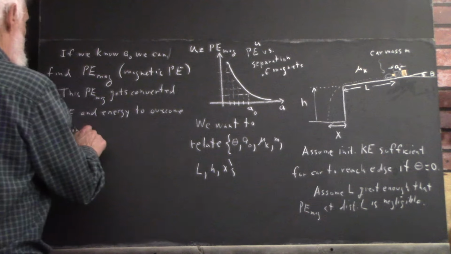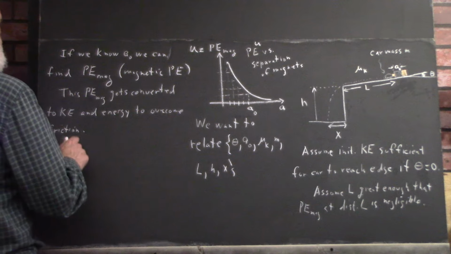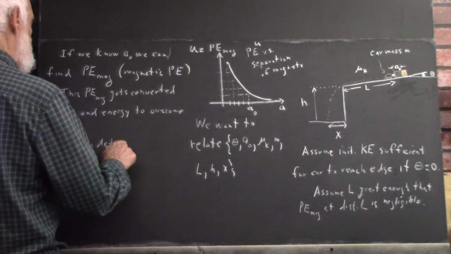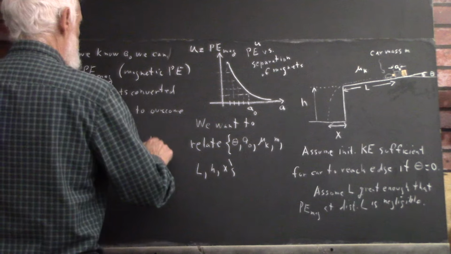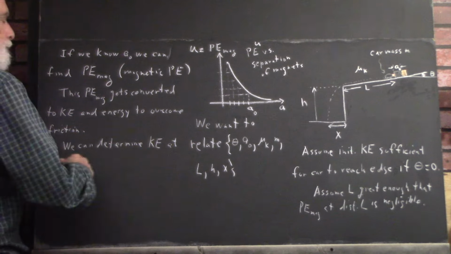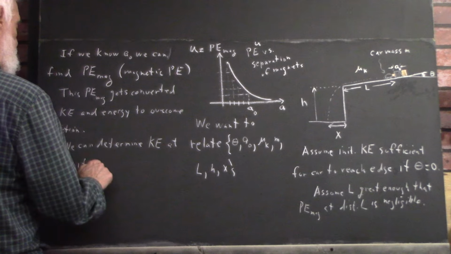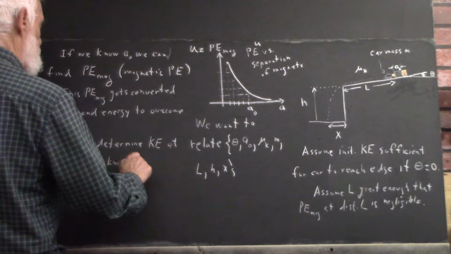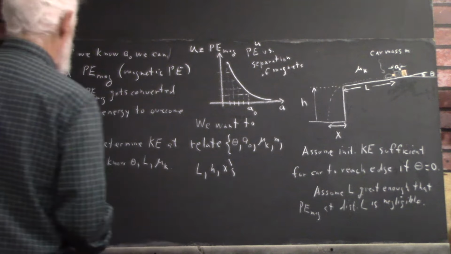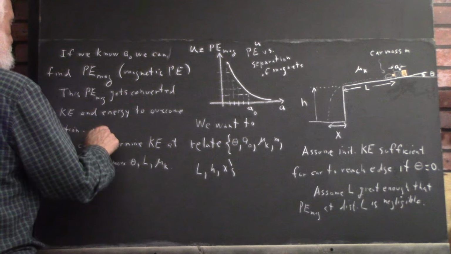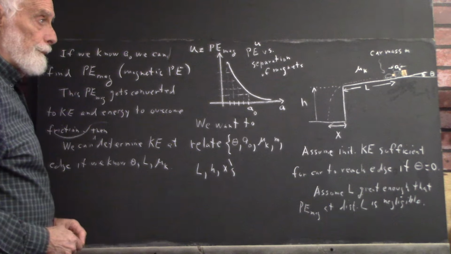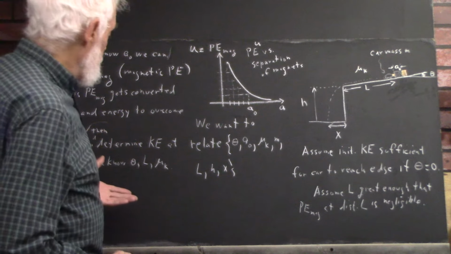But what we can say is we can determine the kinetic energy at the edge if we know theta, L, and mu k. Okay, so the question is going to be how, but you can think it through.